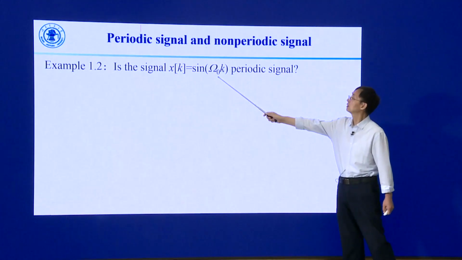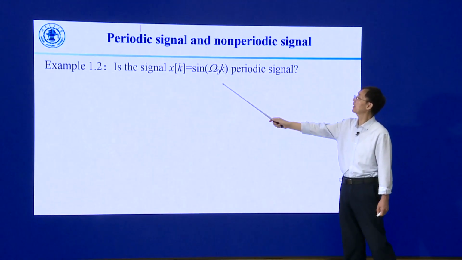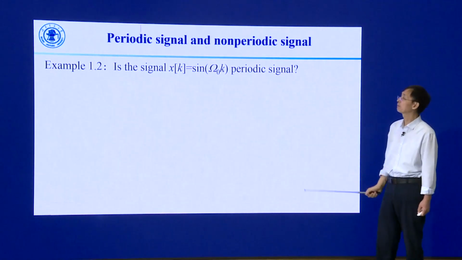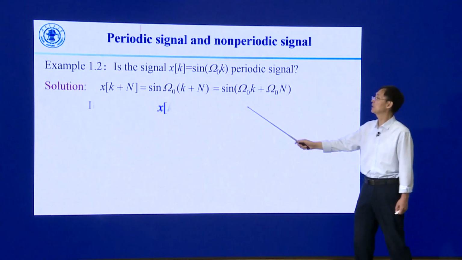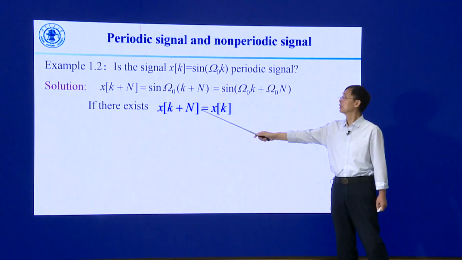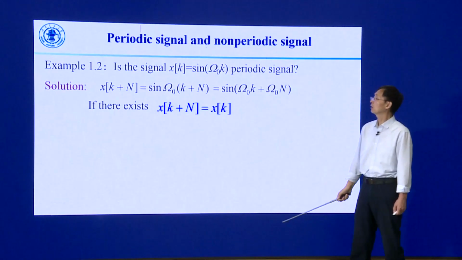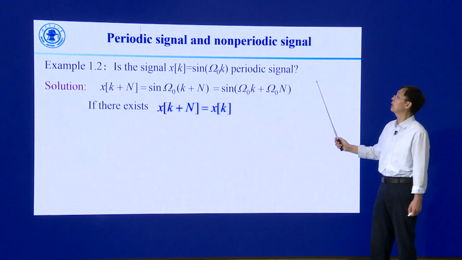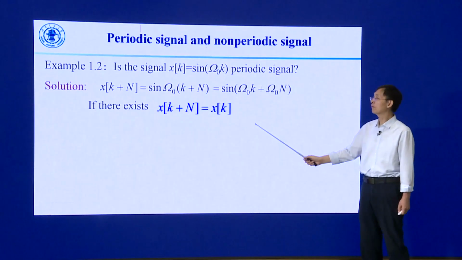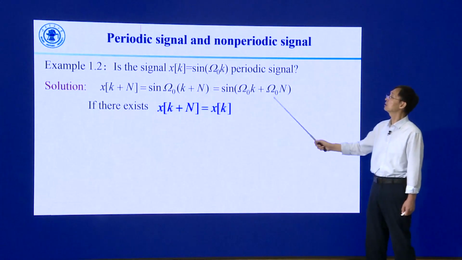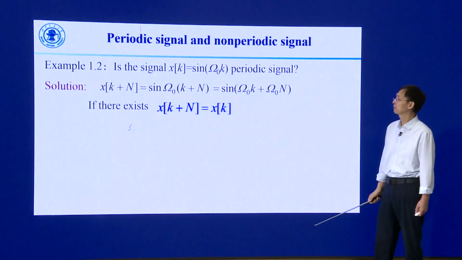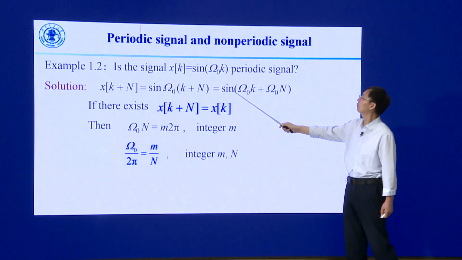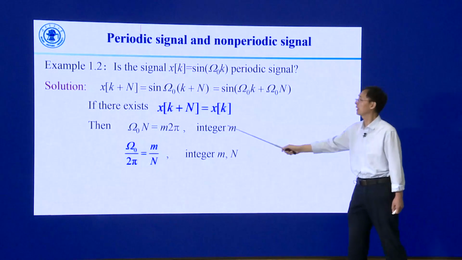This signal x of k is a periodic signal. Similarly, if this equation holds and we can find the n, the signal is a periodic signal. If we cannot find the n, the signal is not a periodic signal. According to the property of the sine function, we can get this equation.